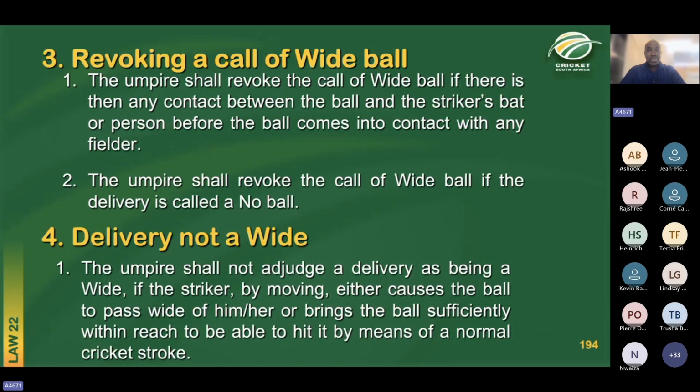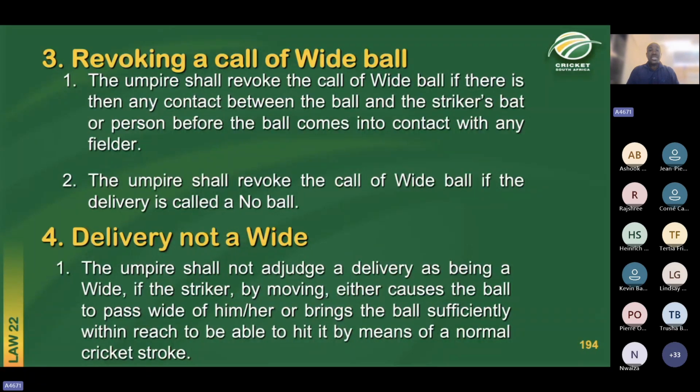Batters nowadays, especially in limited overs cricket, move around the crease a lot. Quite importantly, the umpire shall not adjudge a delivery as being a wide if the striker, by moving, either causes the ball to pass wide of him or her or brings the ball sufficiently within reach to be able to hit it by means of a normal cricket stroke.